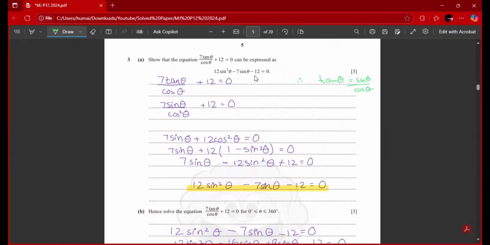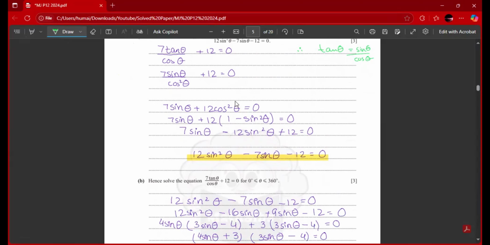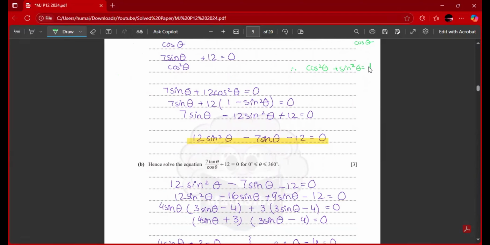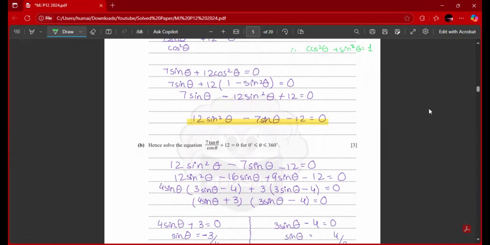But if I see this, it is all in sin, but my answer till now is in cos. So we're going to simplify it further using another formula, which is cos square theta plus sin square theta is equal to 1. These are just a few formulas you have to remember in trigonometry, and then you can easily do these questions.